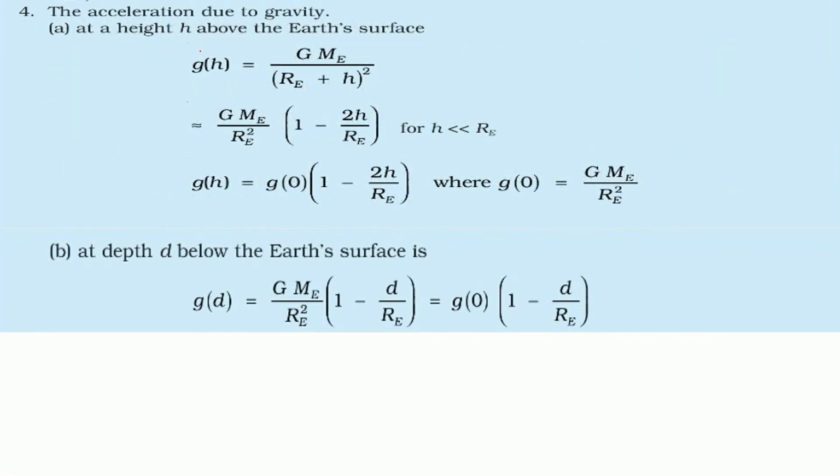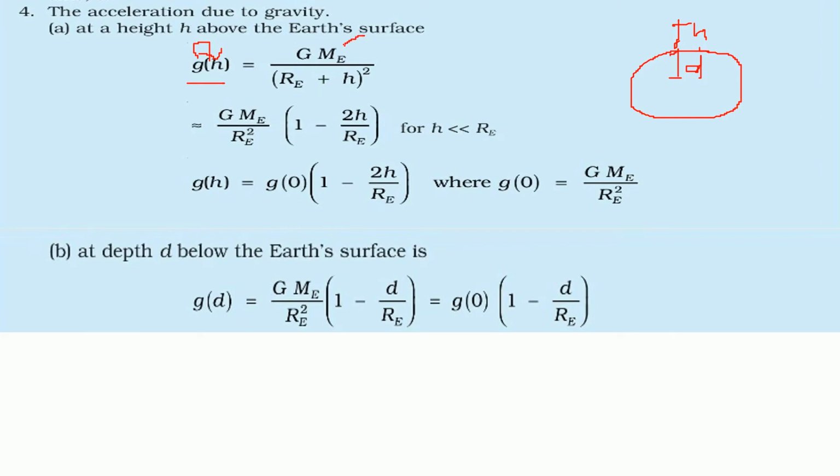For the acceleration due to gravity, there are two scenarios: one above the earth, one below the earth. Say this is d, the depth. At height h above the earth's surface, gravity is a function of the height, given by g_h equal to G Me by (Re plus h) whole square.